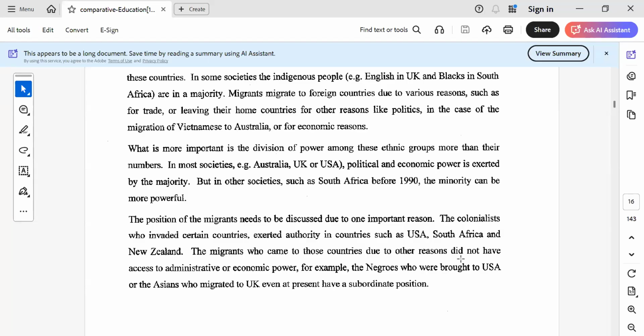The migrants who came to those countries did not have access to administrative or economic power. For example, the Negroes who were brought to USA or the Asians who migrated to UK, even at present have a subordinate position.